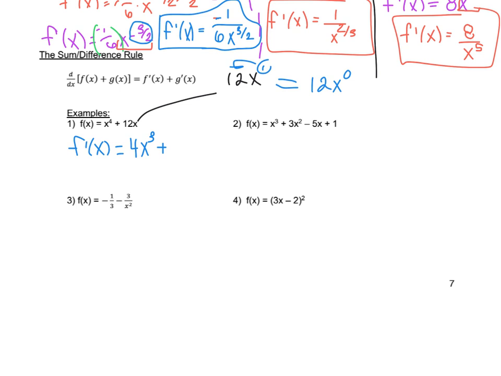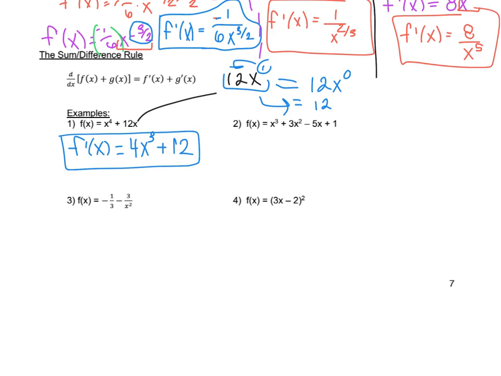So the derivative of 12x is 12x to the 0, but x to the 0 is just 1, so the derivative of 12x is just 12. So in fact, that's how it's going to be with any constant or coefficient of x. If the exponent of x is 1, then the derivative is just that coefficient itself. So that's it. We've taken the derivative of each of the two pieces of that function, and we're done.